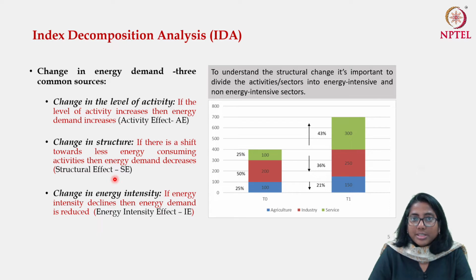So the third source that we are considering, we are trying to understand whether, other things remaining constant, and this is very important, there is a change in the energy intensity which is leading to the change in the demand for energy. So if the energy intensity increases over time, then the energy demand will increase, other things remaining constant. If the energy intensity declines, then other things remaining constant, your energy demand is also going to decline.